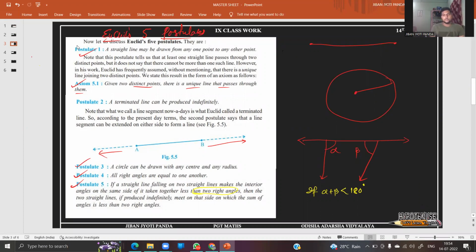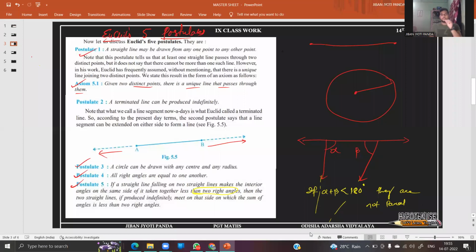Meet on that side on which the sum of angles is less than the 2 right angles. तो इस side में दोनों का alpha plus beta का sum 180 से कम हुआ, तो इसको अगर ऐसे extend करेंगे, तो कहीं ना कहीं जाके वो मिलेंगे. It means they are not parallel. They are not parallel. Clear to all?